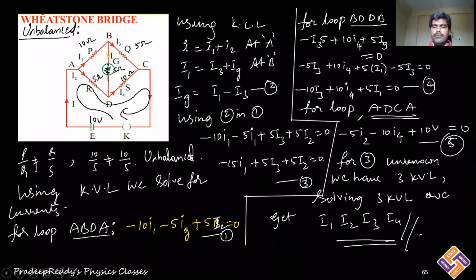This is the traditional method where we will be using Kirchhoff voltage law and current law in order to solve unbalanced Wheatstone bridge conditions. But there are a few techniques we can use in order to solve such types of unbalanced Wheatstone bridges. I will be teaching you that now. But this is the general method where we will be using Kirchhoff laws and we will solve unknown currents in the circuit.